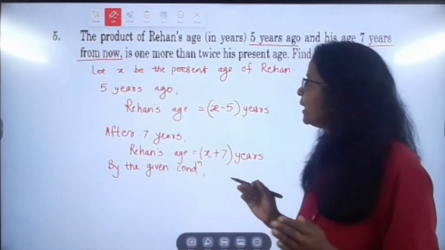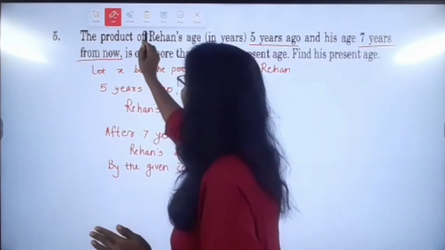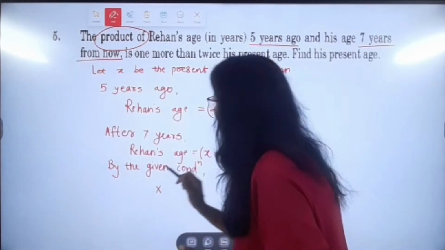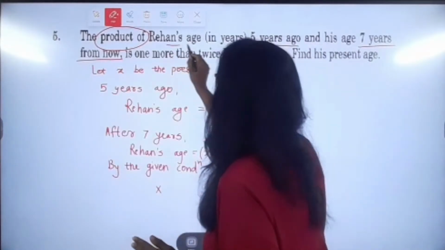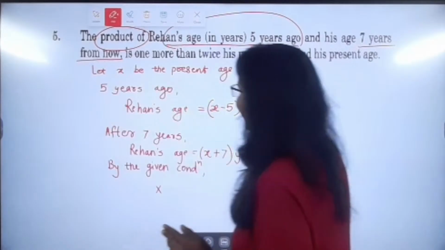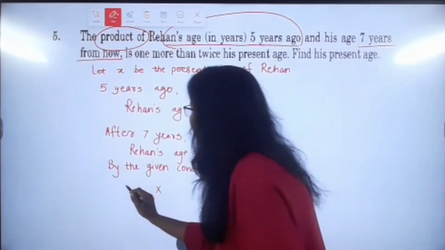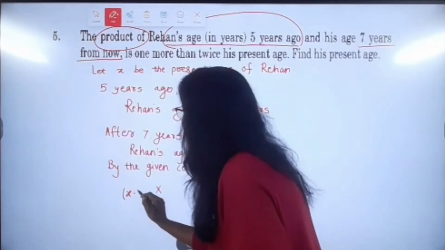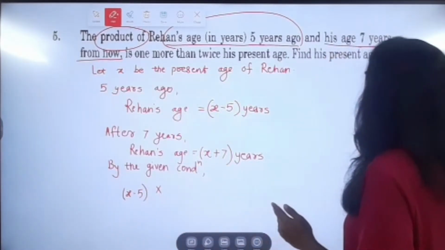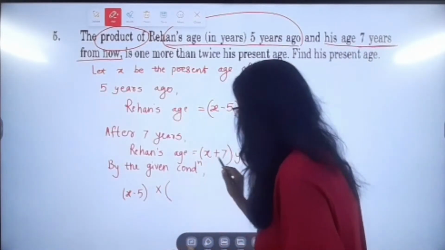So which one is that condition? See here, the product of Rehan's age 5 years ago, that is x minus 5, so I write down here x minus 5, and his age 7 years from now, so that will be x plus 7.